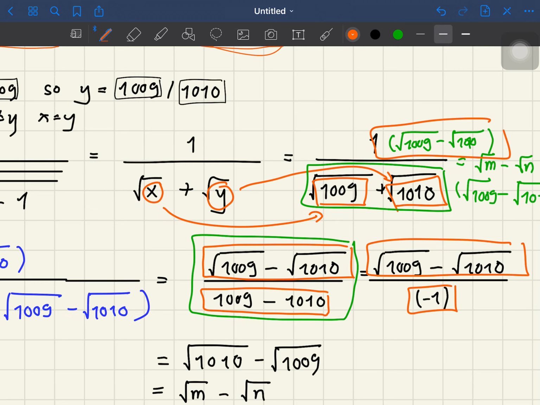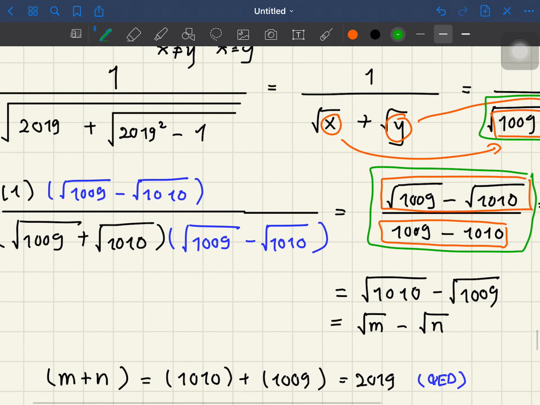In this case we can't, because they do not share common factors, so we just leave it like that. Any number over minus 1 changes the sign, which means you have plus here and minus at the square root of 1009.